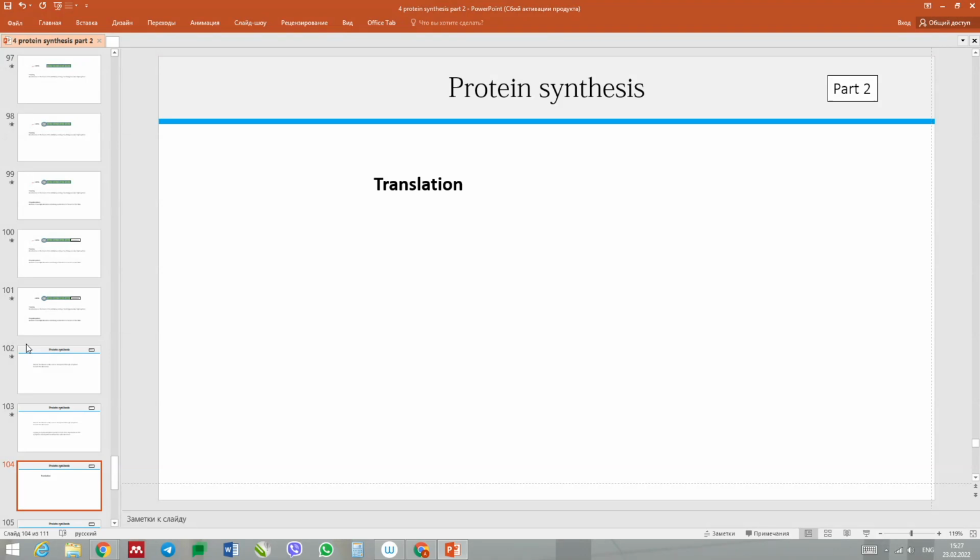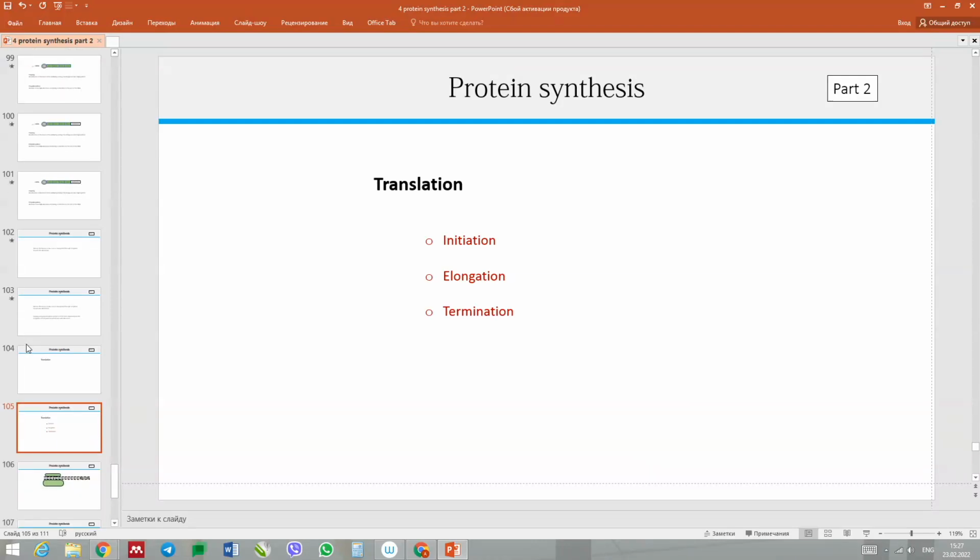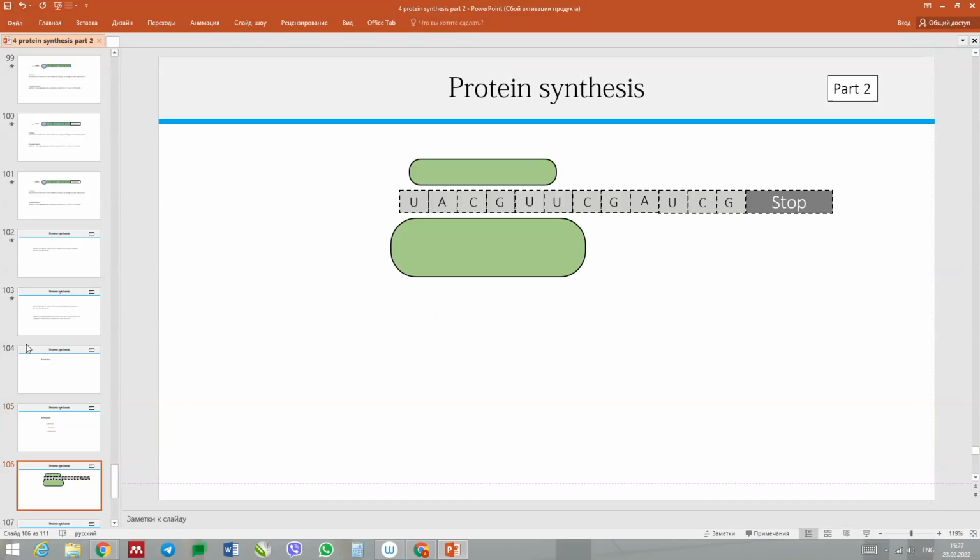Once again, what is translation? Translation is the process of construction of the protein inside of the ribosome with the help of information provided by messenger RNA. Translation is composed of several steps: initiation, elongation, and termination. And now let's imagine that we are inside of the cytoplasm looking at a ribosome.